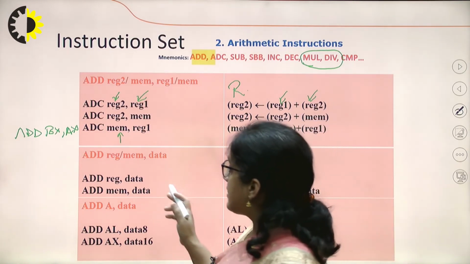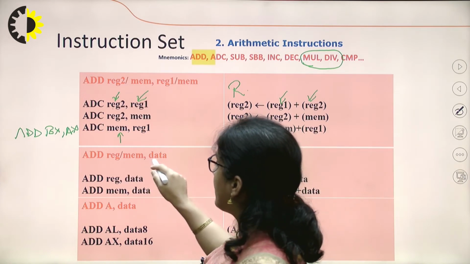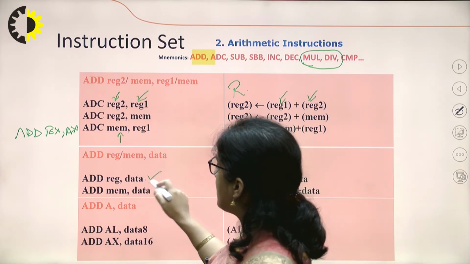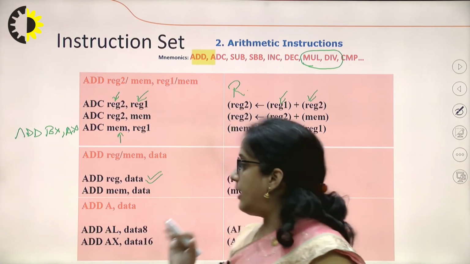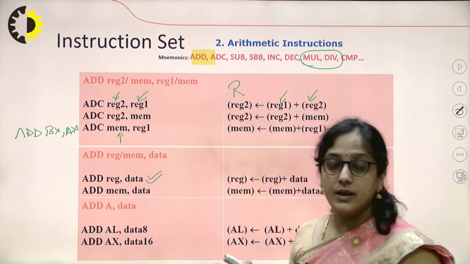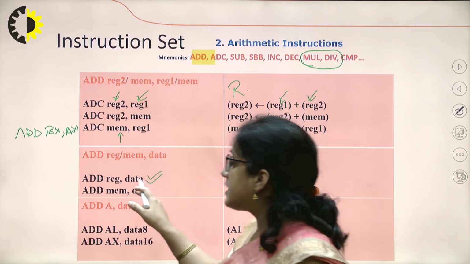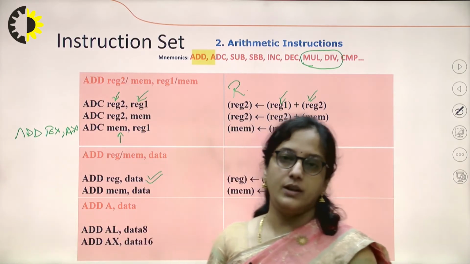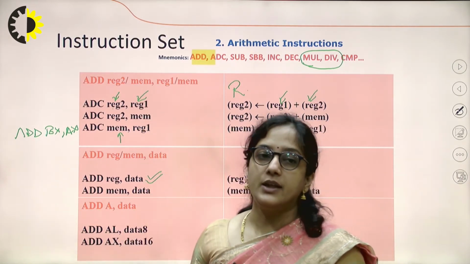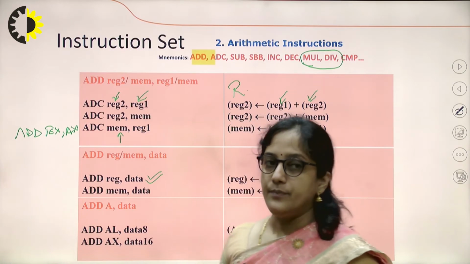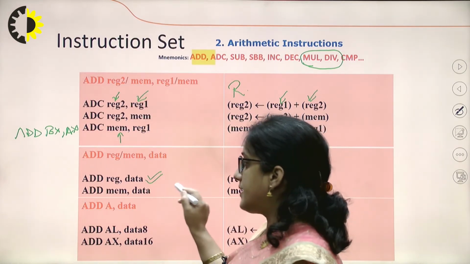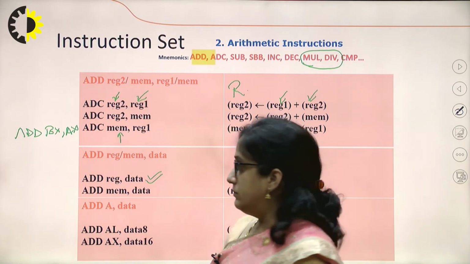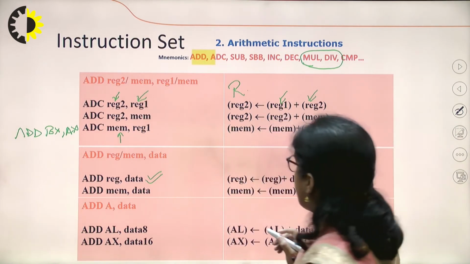Now in case of add register comma data, we are specifying immediate data. If we are going with 16-bit addition, we specify 16-bit data. If we are going with 8-bit addition, we specify 8-bit data. We specify the data in the instruction itself, so this is the case of immediate data.